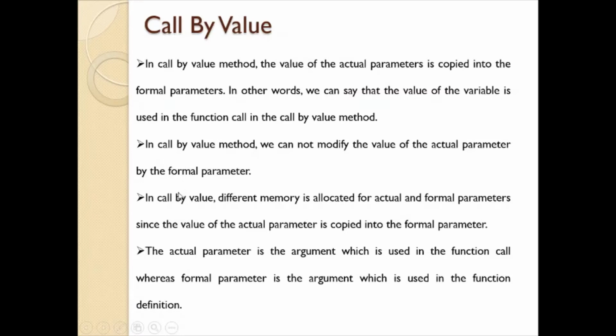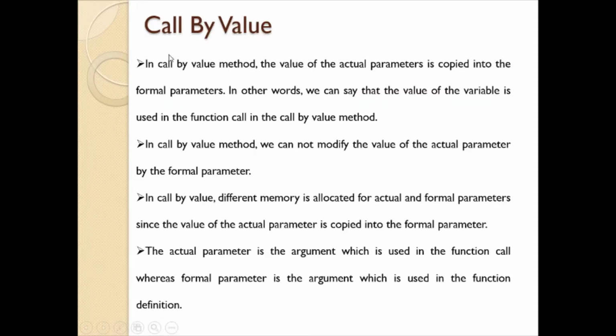The formal parameters which are getting the values from the actual parameters cannot modify the original value of the actual parameters. In call by value method, different memory is allocated for actual and formal parameters, since the value of actual parameter is copied into the formal parameter.